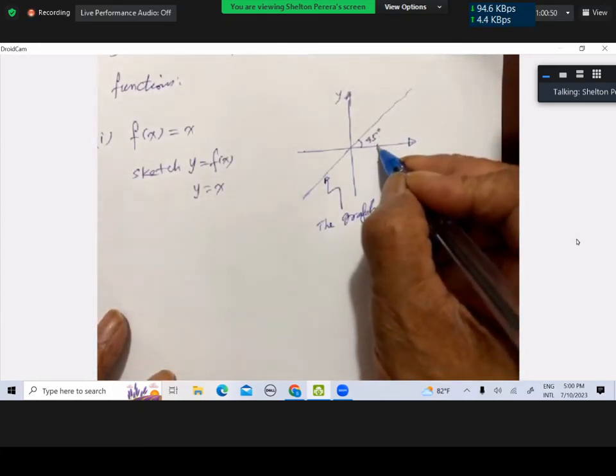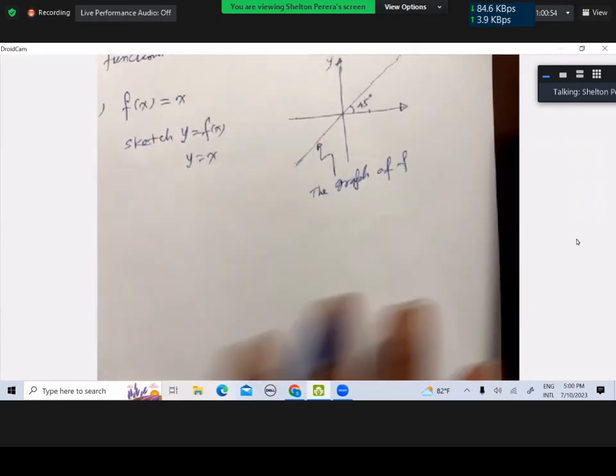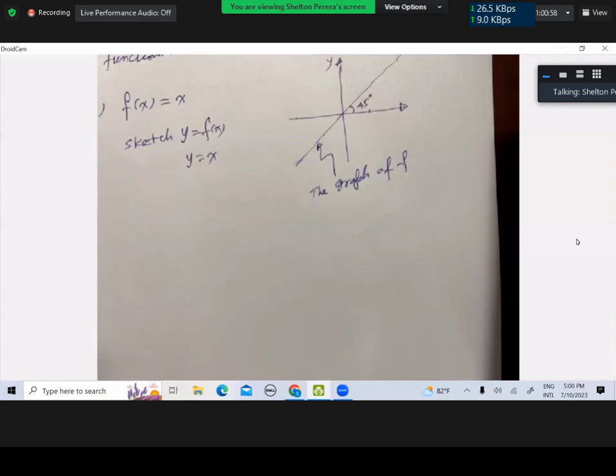In fact, the graph of f is the graph of this equation. It's just input-output pairs.